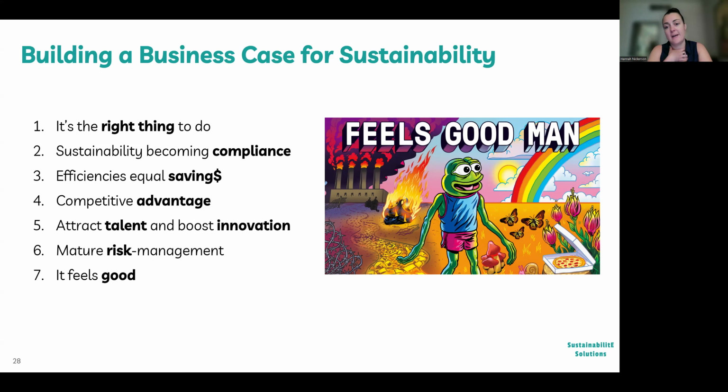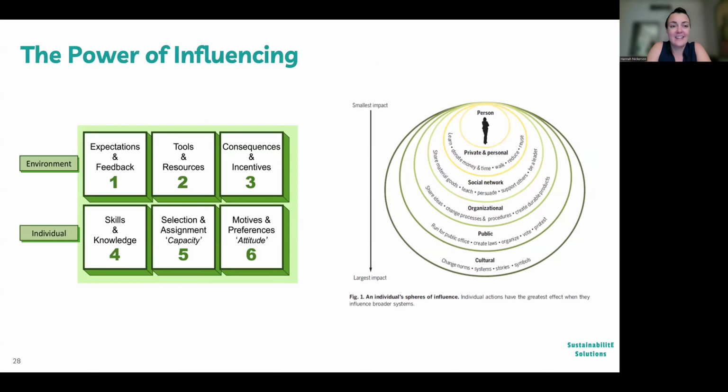And I think as soon as we start stepping into that space, for me personally, it just feels a lot more fulfilling. It feels like I'm part of a bigger picture, and I just really don't mind stopping and smelling the flowers. And I think that's one of my favorite things about working in sustainability.